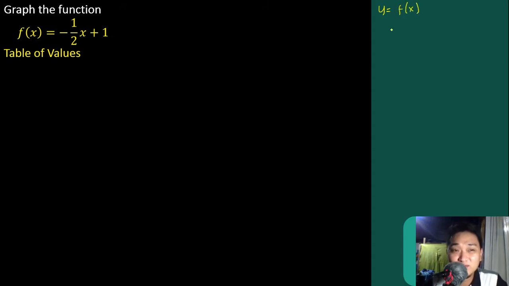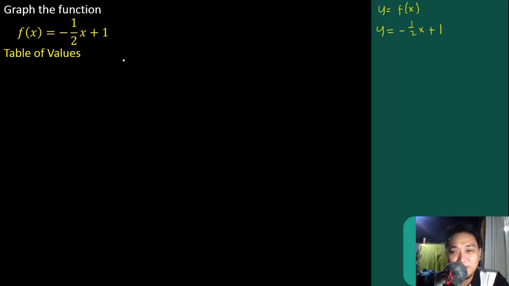Pareho lang naman po yan. So kung nahihirapan kayong gumamit ng f of x, ang gamitin nyo na lang yung y. So y is equivalent to negative 1 half x plus 1. Ayan. Mas maaliwalas tingnan yung ganitong function para sa iba.